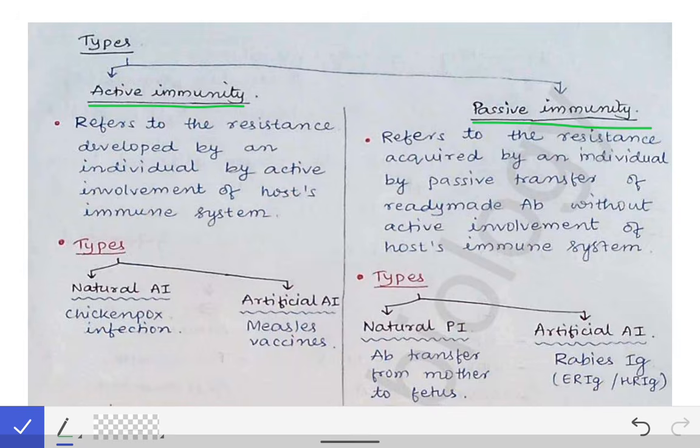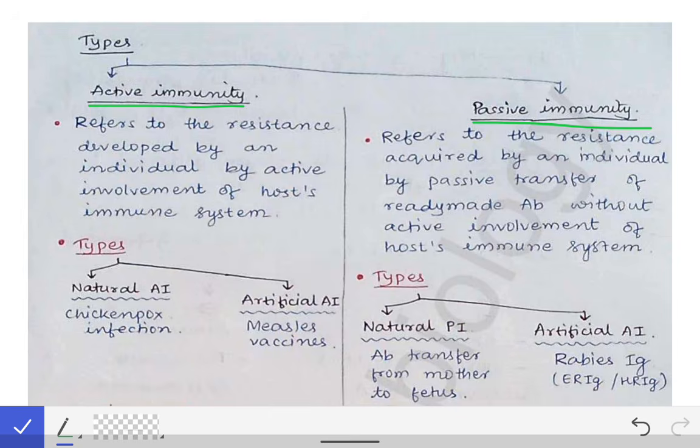So in the passive immunity, the host's immune system is not taking part actively, while in case of active immunity, the host's immune system is taking part actively.